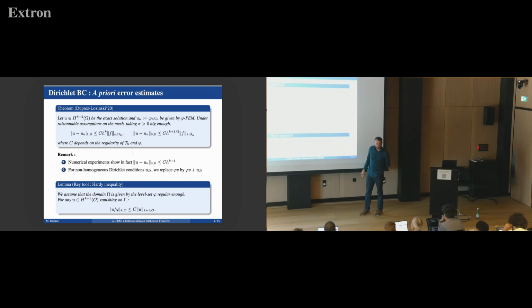I have presented here the homogeneous case, but if we have a non-homogeneous Dirichlet condition, we can replace u by phi times v plus the boundary condition. And in the proof of the convergence, the key tool is this kind of inequality, the Hardy inequality, which estimates u over phi by the norm of u.